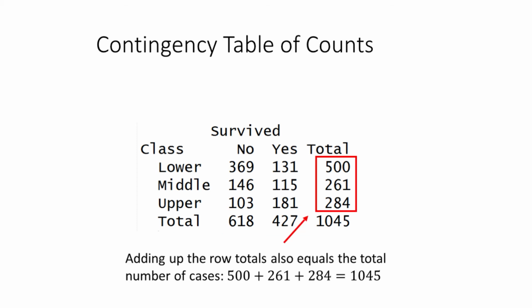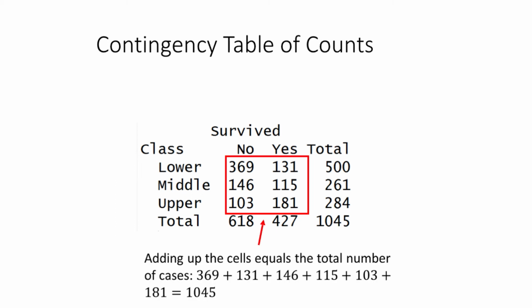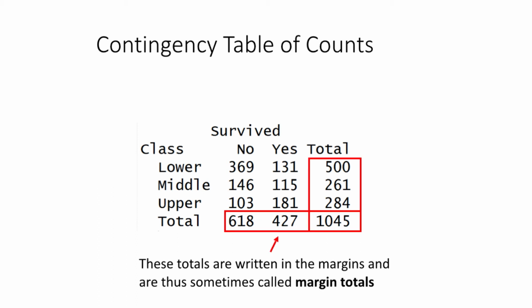In a similar way, if you add the row totals, meaning the totals for each level of the class variable, you also get 1,045, the total size of the data set. And finally, if you look at the cells for each combination of the two categorical variables, those counts also equal the total sample size. And that's quite useful.